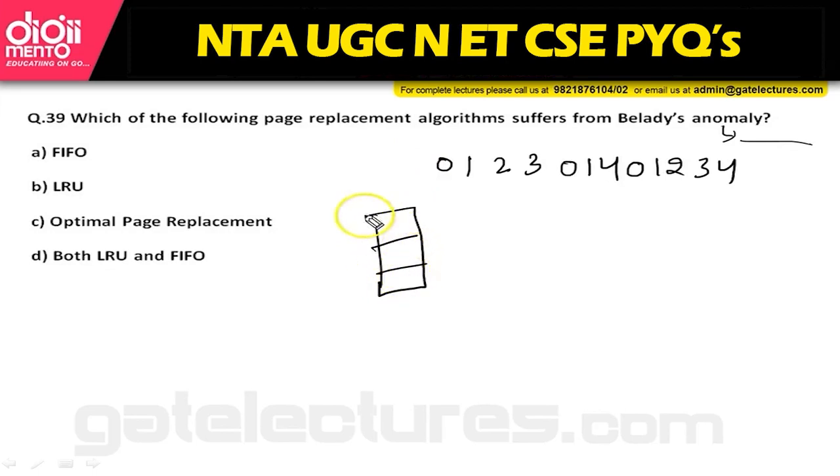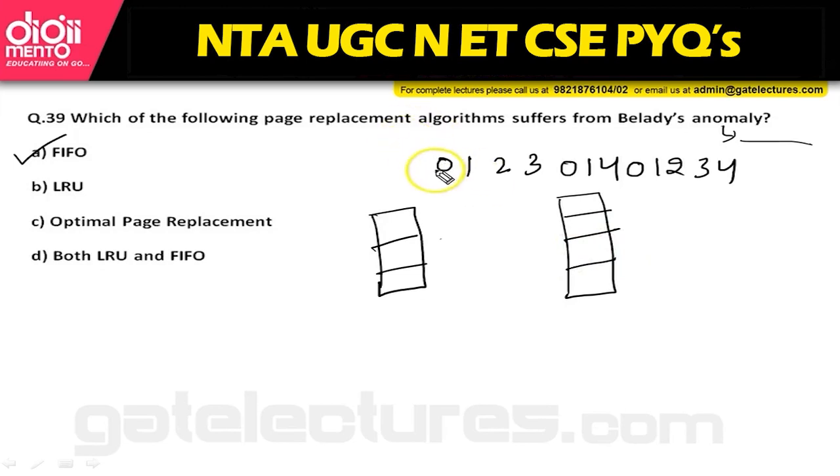If I give fewer frames, then obviously page faults will be more, and when I give more frames, then obviously the page faults will be fewer. But in Belady's anomaly, in the case of FIFO, even though you increase the frame size, the page faults do not decrease. That's why it is known as an anomaly.